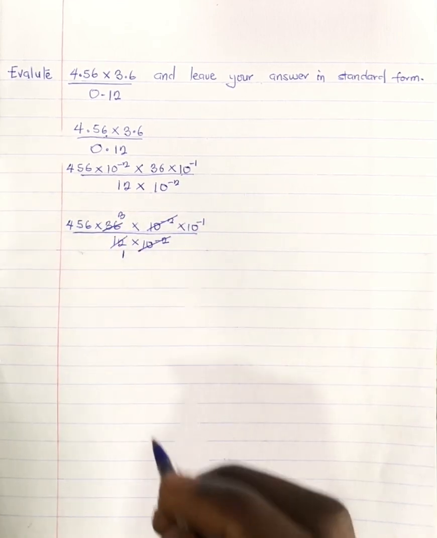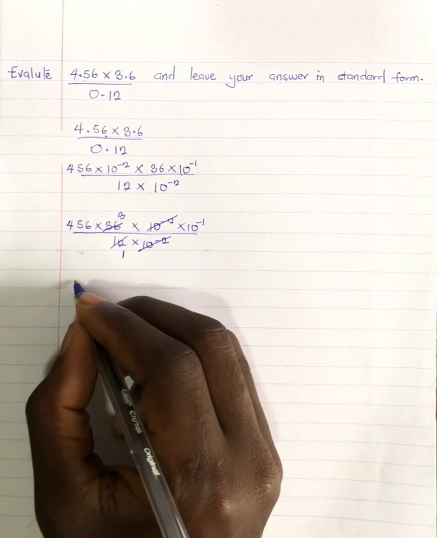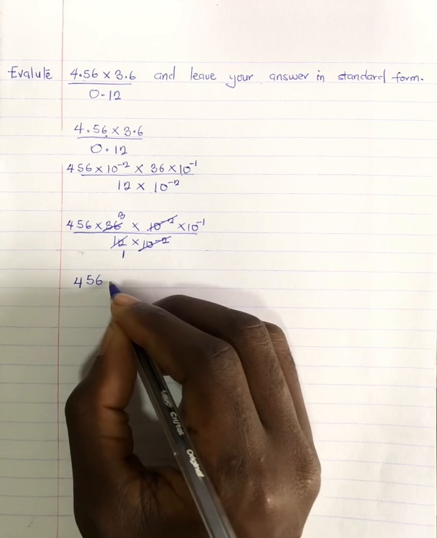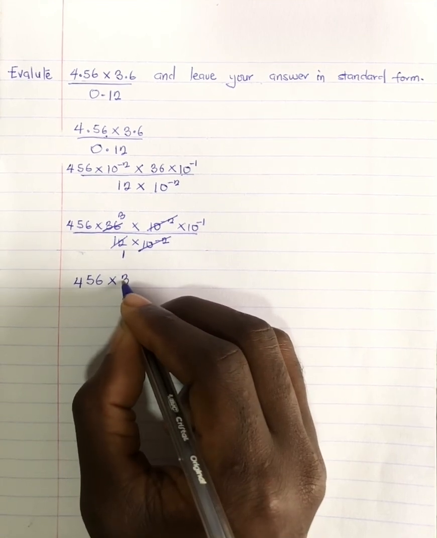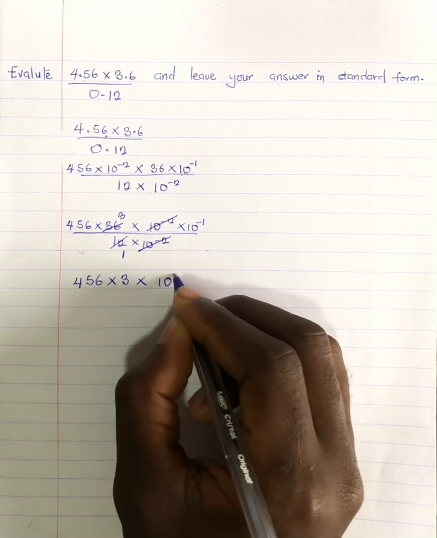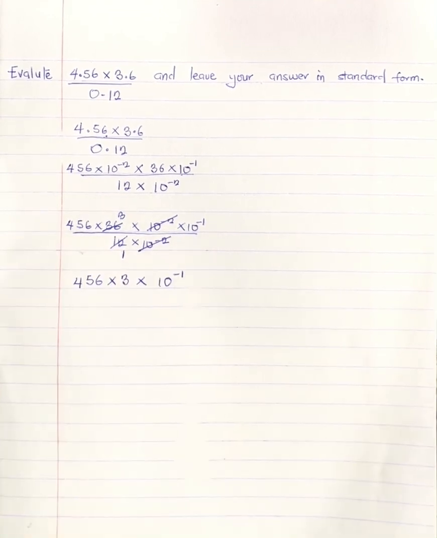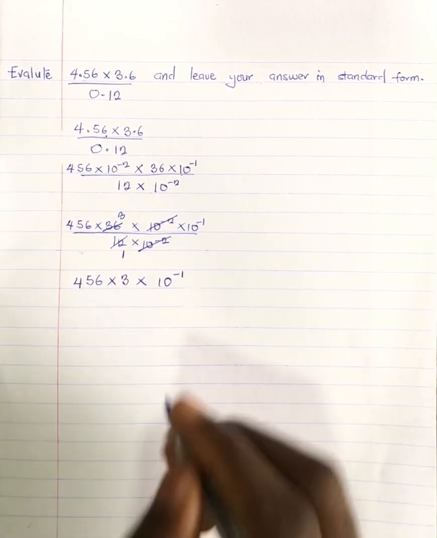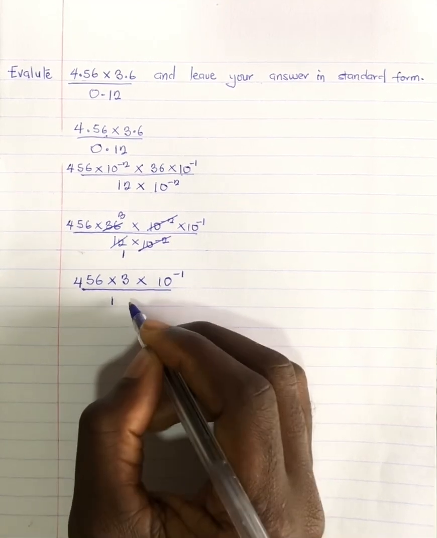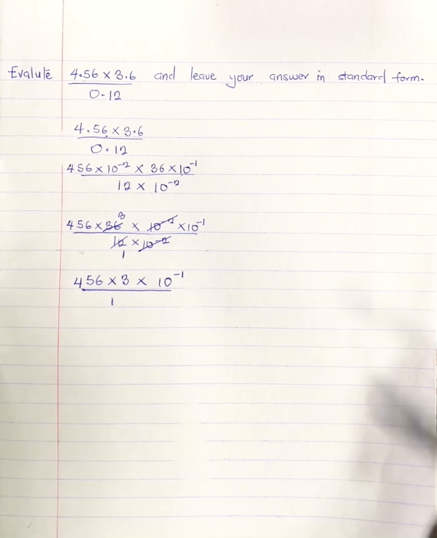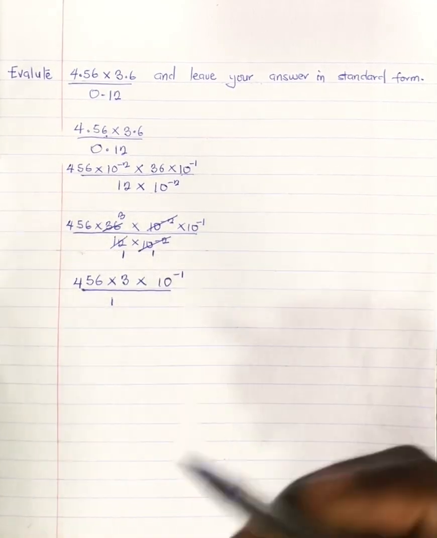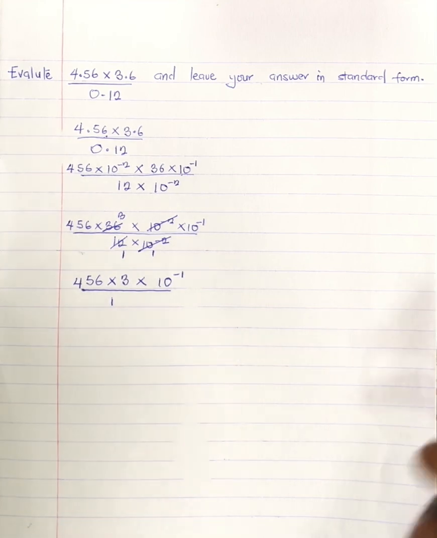Then we can now rewrite this as 456 multiplying by 3 by 10 to the power of -1 all over 1. 1 times any number is the number, so 1 times 1 is 1.